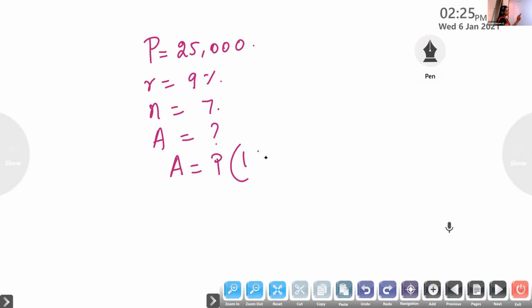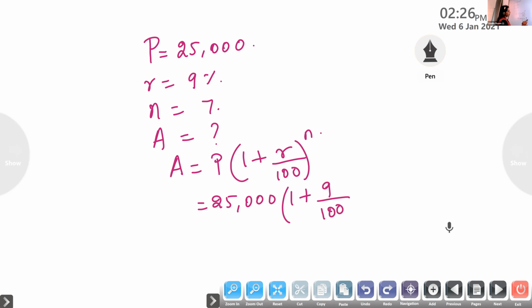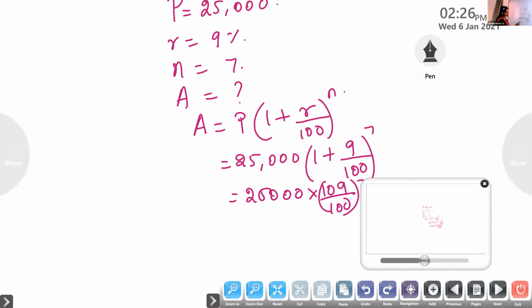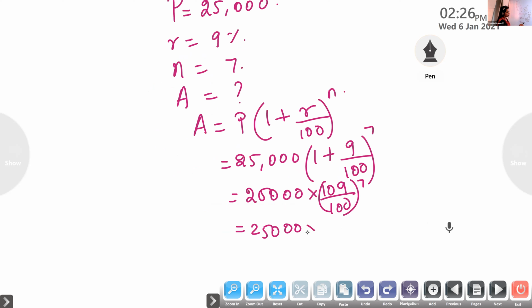Amount is equal to P into 1 plus R by 100 whole raised to N. So it is 25,000 into 1 plus 9 by 100 whole raised to 7. This is the same as 25,000 into 1.09 raised to 7.